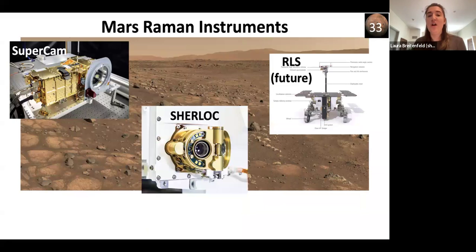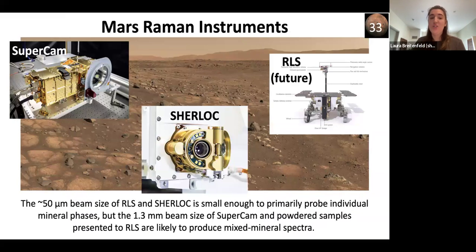As you know, there are some Raman instruments on the surface of Mars on Perseverance, and RLS will be on ExoMars. And these instruments make it important to understand and quantify mineralogy using these techniques.